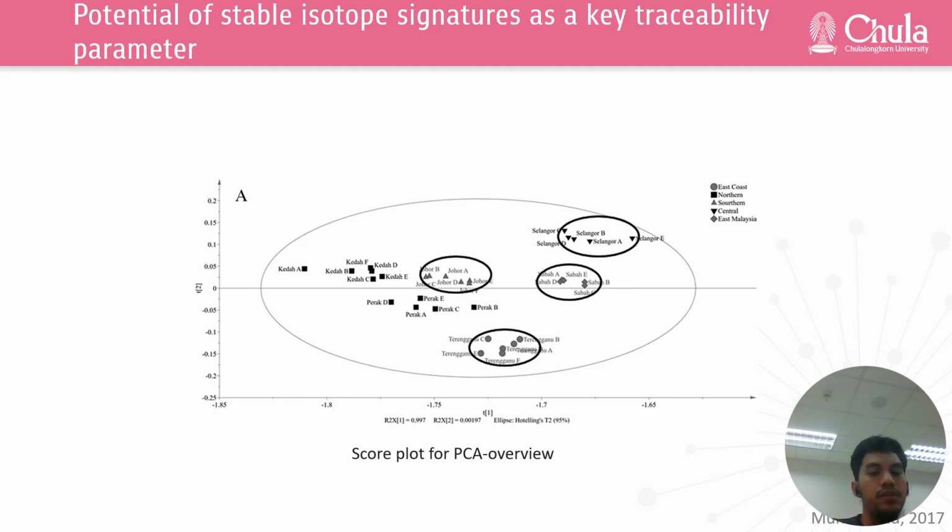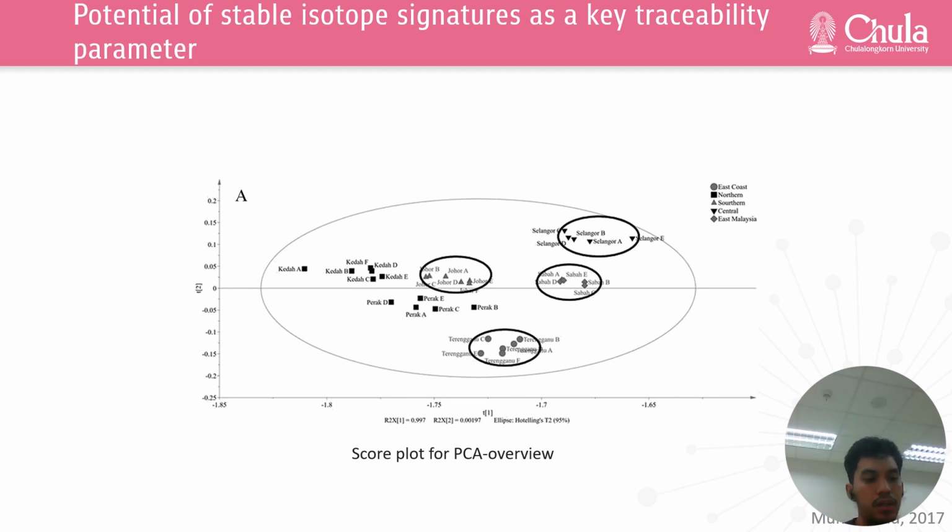The study shows a good potential of using stable isotopes as a key traceability parameter. In the experiment, they used a temperature conversion elemental analyzer isotope ratio mass spectrometer, or IRMS, to analyze the stable isotope profiles, and they distinguished the clusters based on region.